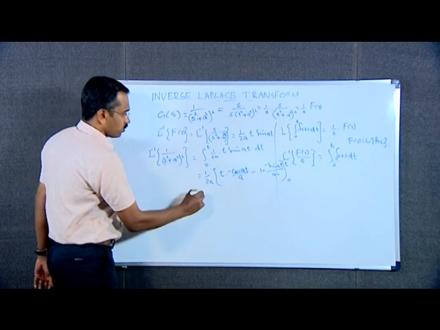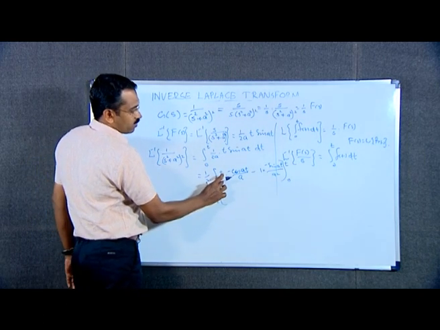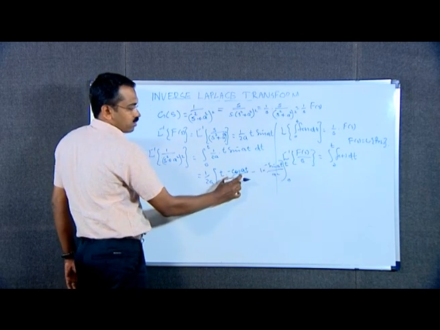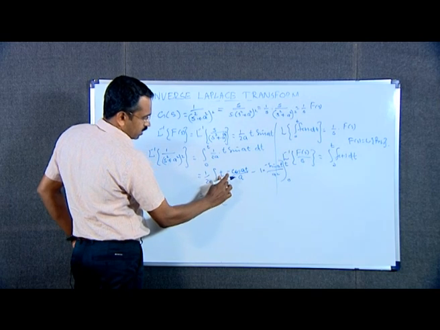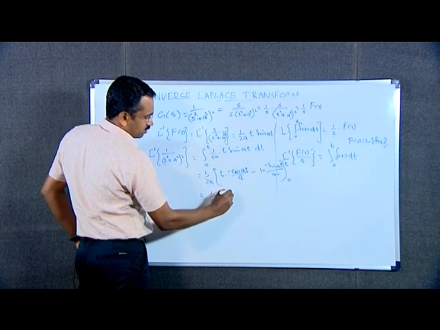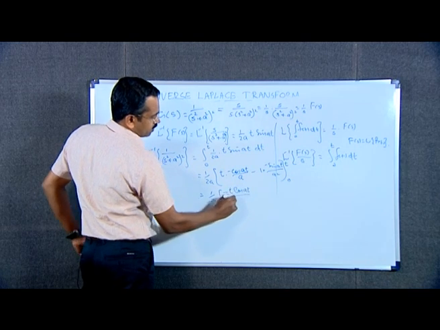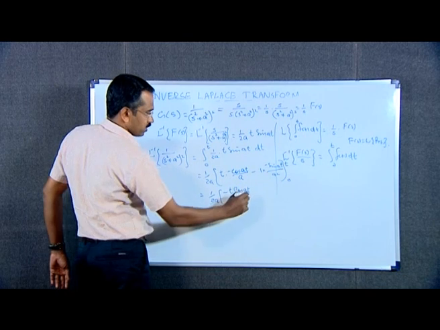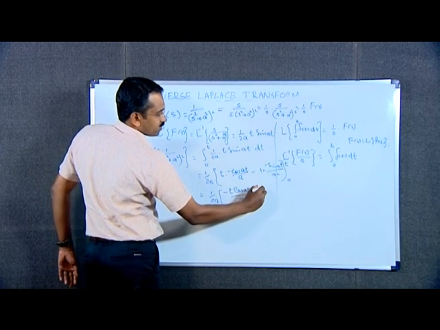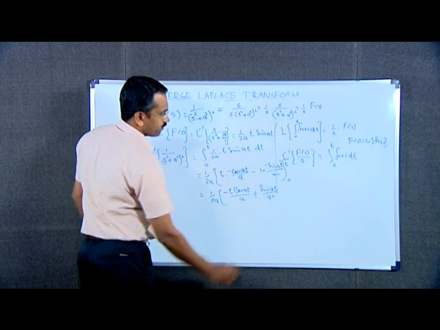which is equal to 1 by 2a into, when t is equal to t, this term is minus t cos a t divided by a. Here minus of minus is plus sin a t divided by a square.